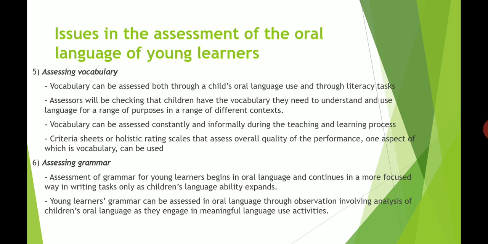We have to look at the grammar also in the oral language. Young learners' grammar can be assessed in oral language through observations involving analysis of children's oral language as they engage in meaningful language use activities. So how can teachers assess their children's grammar? It can be based on observations.